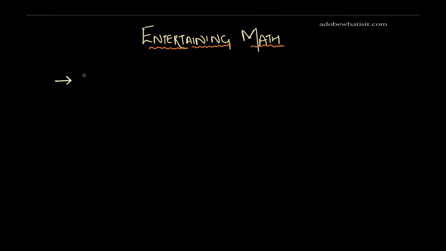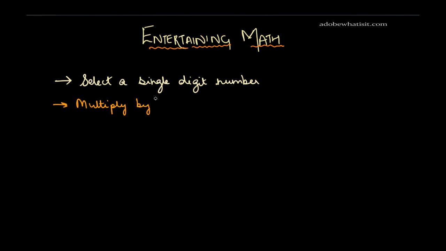Alright, the first step is to ask your audience, or you, now you're my audience, to select a single digit number. Once you have selected a single digit number, multiply it by 3.